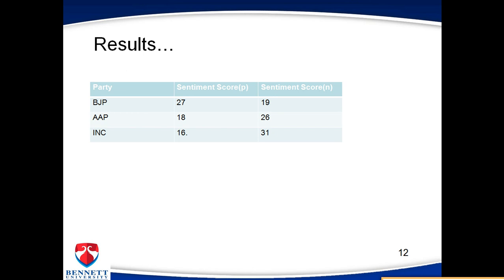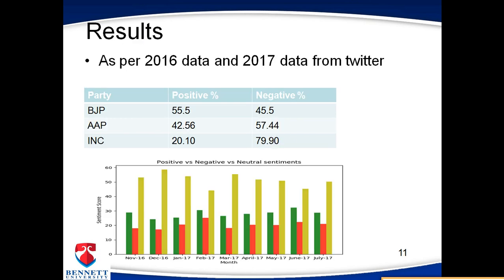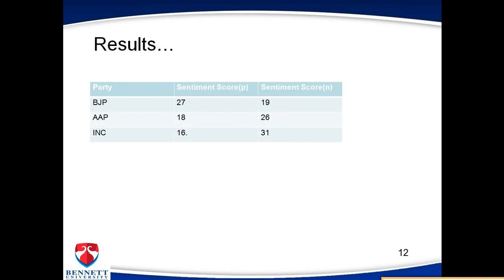BJP's average positive sentiment score is 27 and the negative score is approximately 19, so the margin is very small. In the case of AAP, the positive sentiment score is 18 and the negative score is 26, and for the Indian Congress the gap is very large.